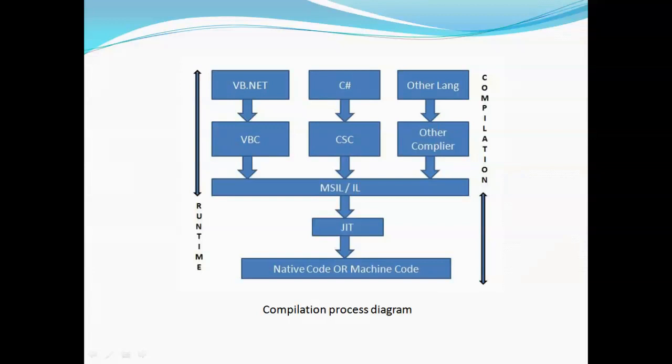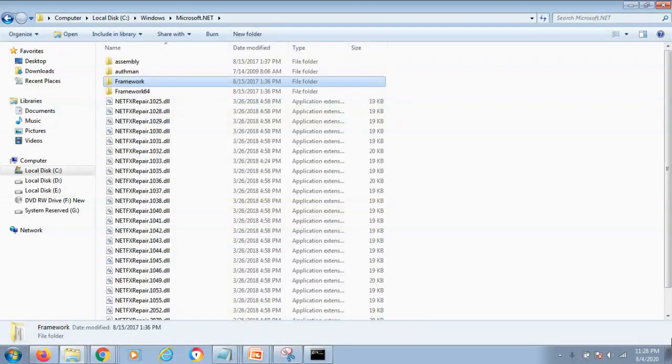Let's have a look at a simple or basic program through which we can understand how things go on in the .NET Framework. As we are writing a basic program in the .NET Framework, we don't need to install any IDE. As you can see in the root directory, I have a Windows folder and inside it I will get Microsoft.NET, and inside that a folder called Framework. Come inside.